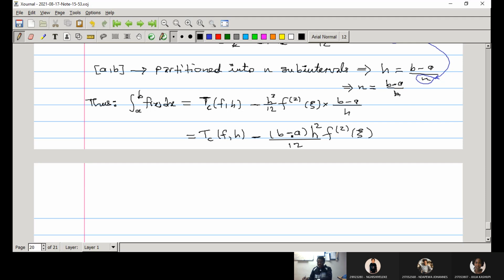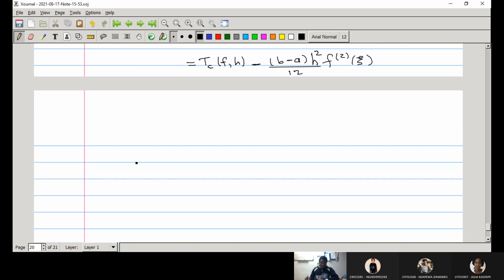So this is our error term. Of course, where this psi is in between a and b.